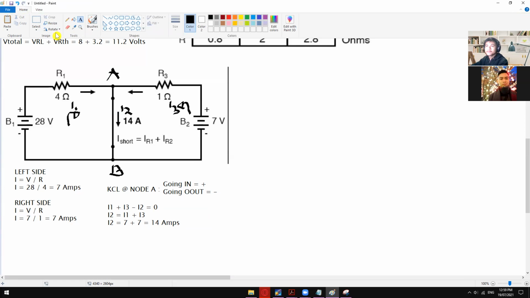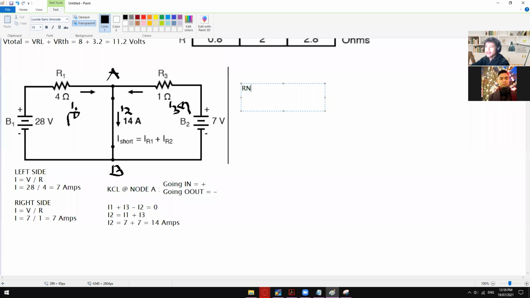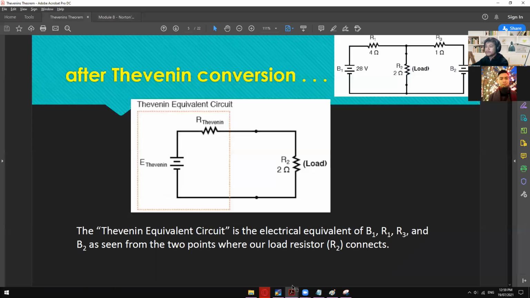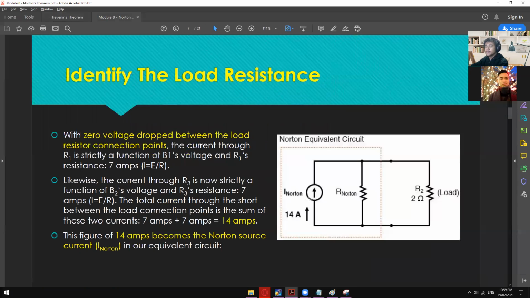So our RTH, I mean RN, why is it always RTH? RN is 0.8 ohms, and then IN, Norton's current, is equal to 14 amps. Once you have those two variables, you can now perform this kind of equivalent circuit.